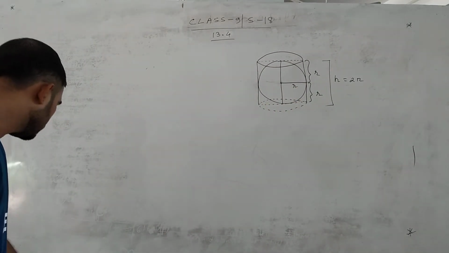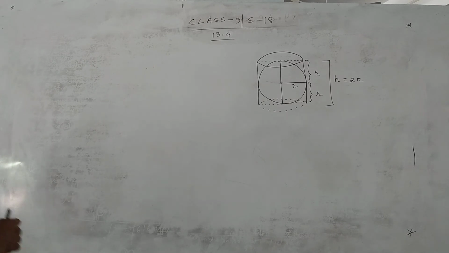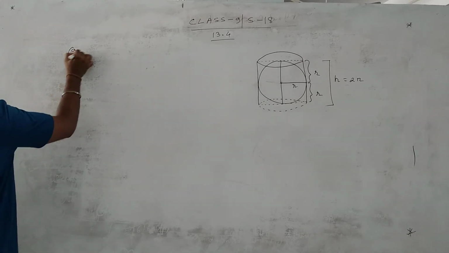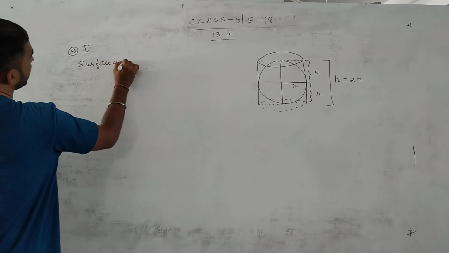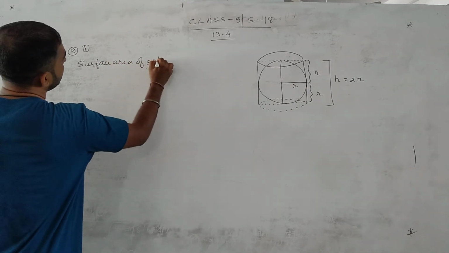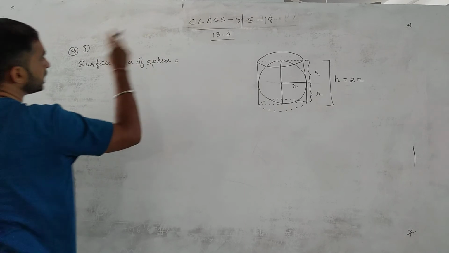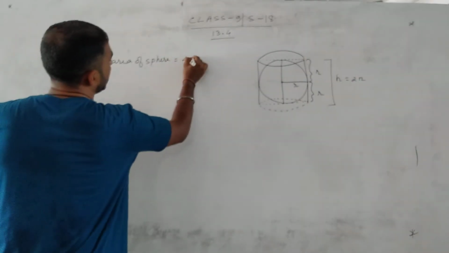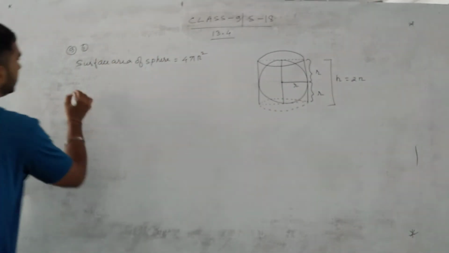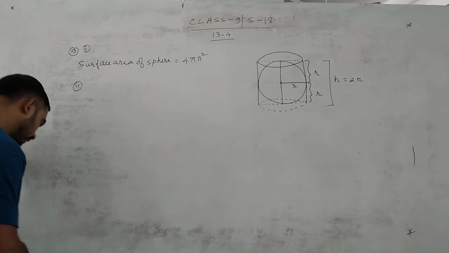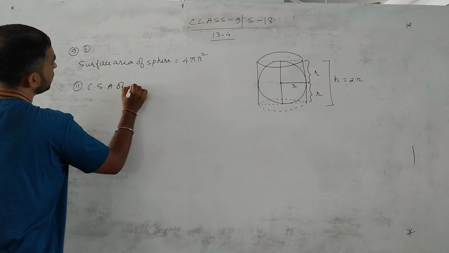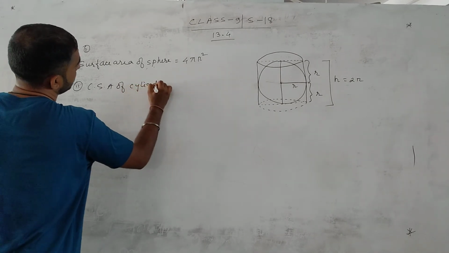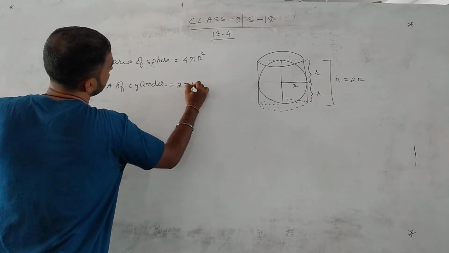So what is the first question? First is the surface area of the sphere. The surface area of a sphere is 4 pi r square. Simple. Then the next one is the curved surface area of the cylinder, that is 2 pi r h.